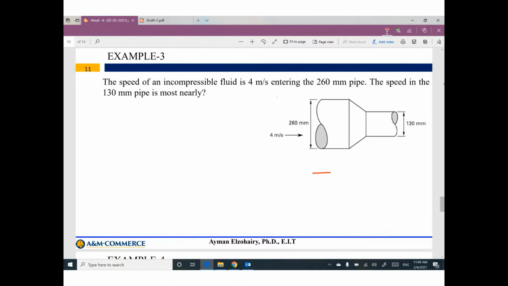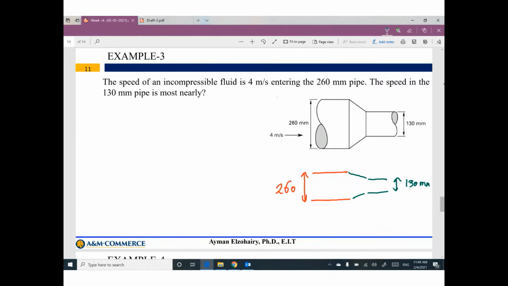So the first pipe looks like this, with diameter 260 millimeter. For some reason, this pipe reduces to a smaller one with diameter 130 millimeter, with a transition like this. Okay, that's fine. The speed of the fluid entering is 4 meters per second.